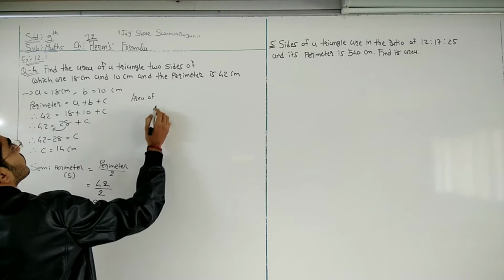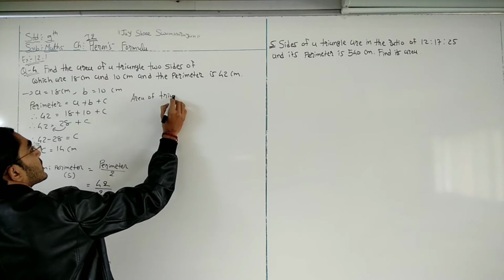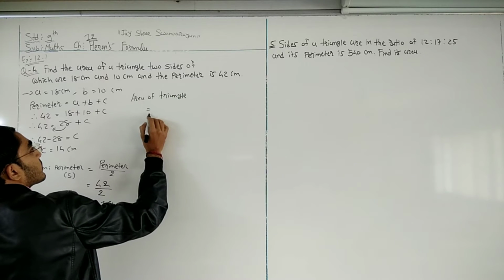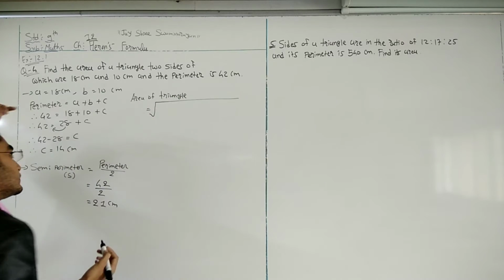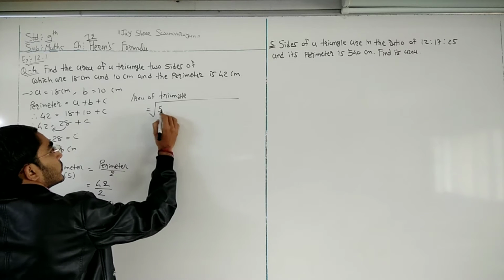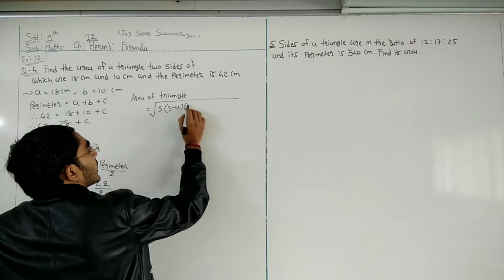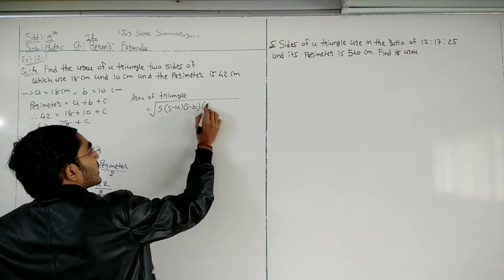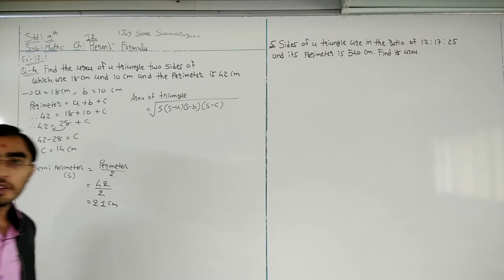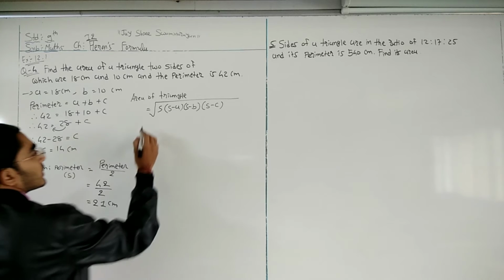Now area of triangle is equal to Heron's formula, square root of S into S minus A, S minus B, S minus C. Okay.